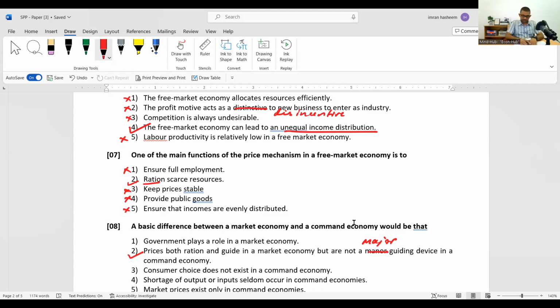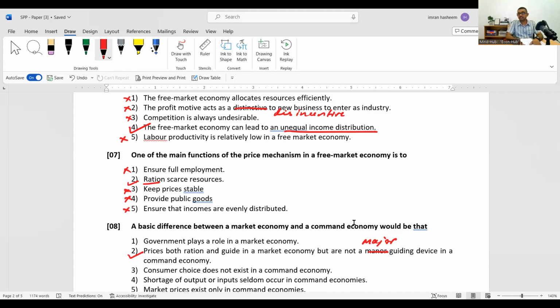What price does in a market economy is ration, incentivize, and provide information or signaling. Those are the three fundamental functions of price. If you say one of the functions of the price mechanism is to ensure full employment, then we would have to argue that all market economies have attained full employment, or that there are no market economies with unemployment.